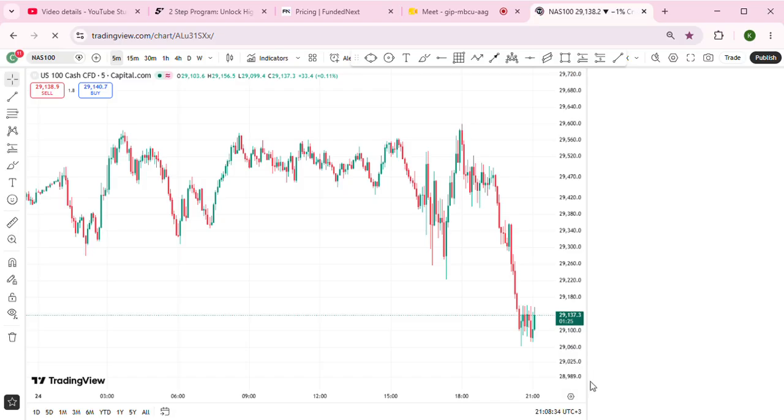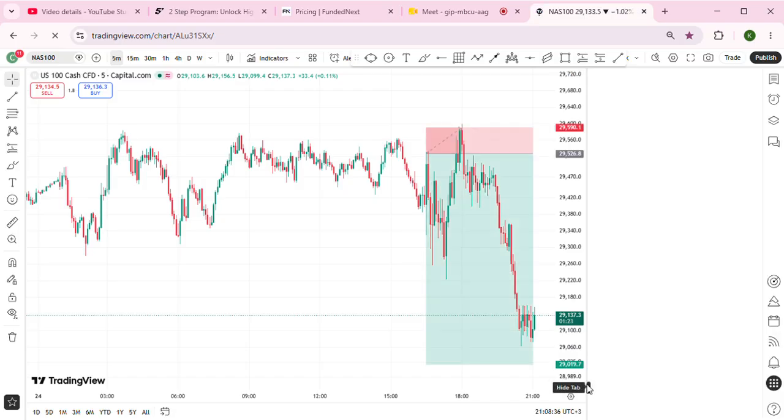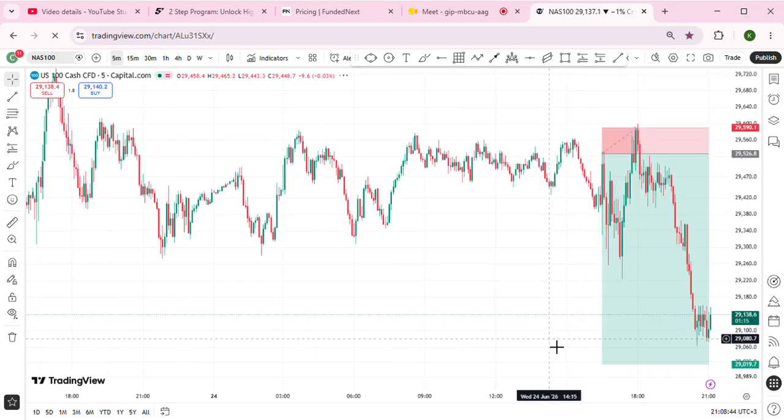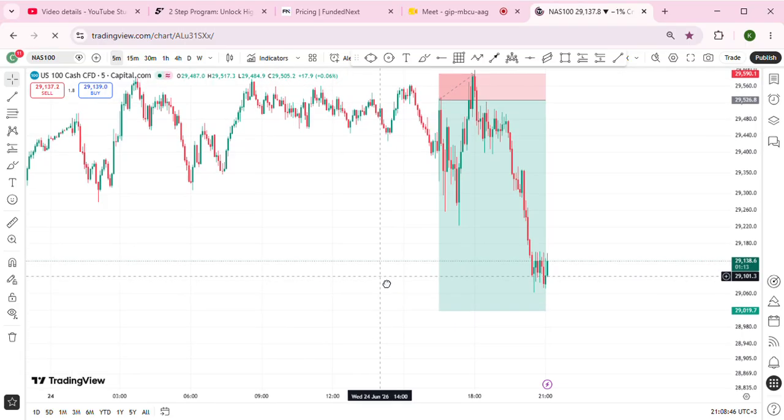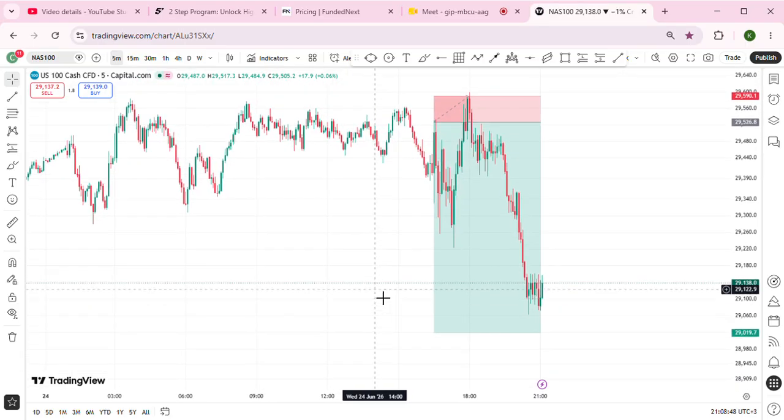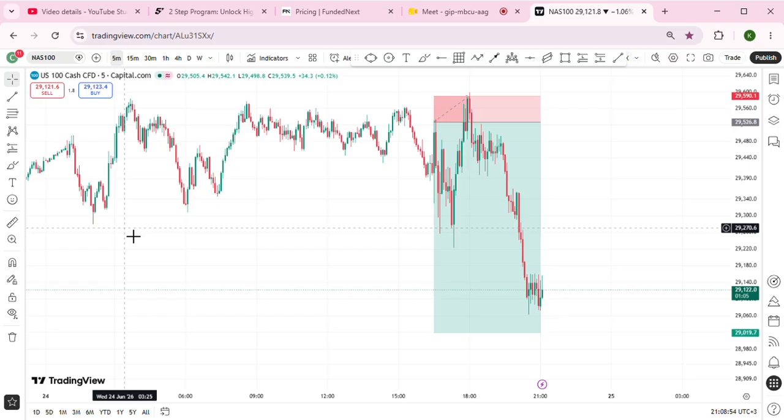You just look around here at the bottom side, you are going to see that arrow there. You can have it as a full screen. So this was our setup on Nasdaq. I had shared it there in the group.